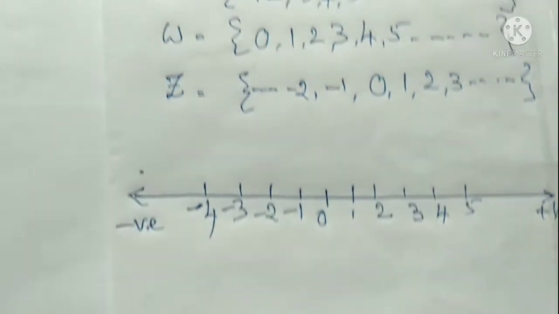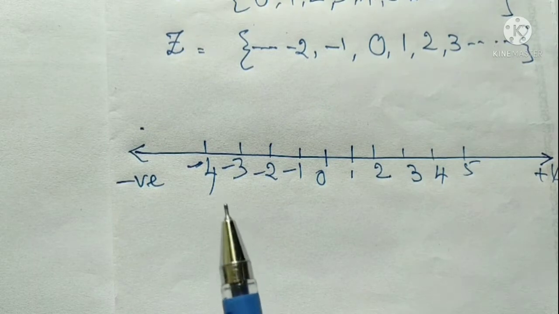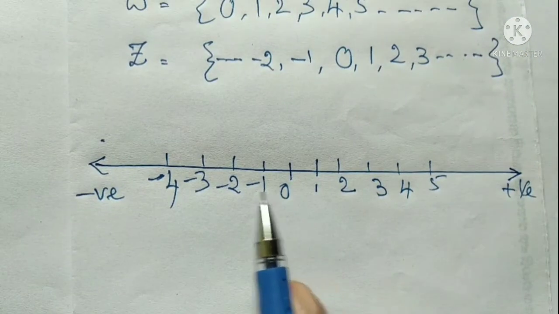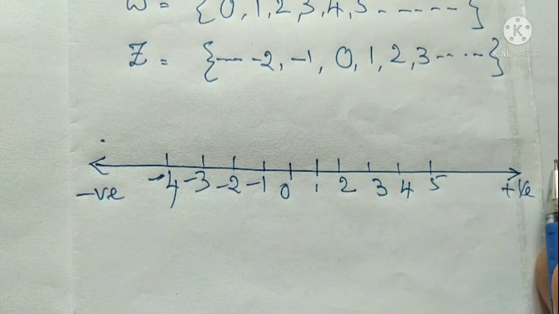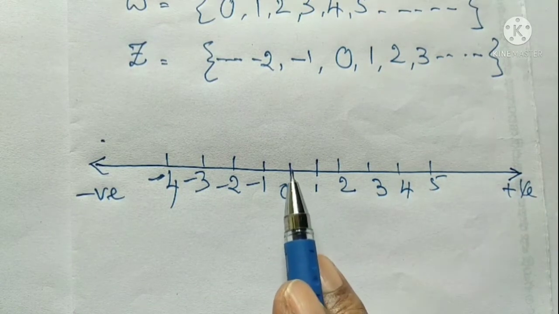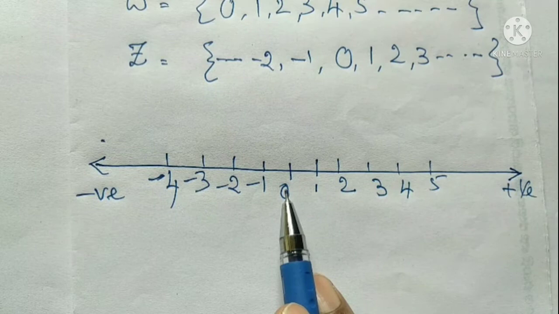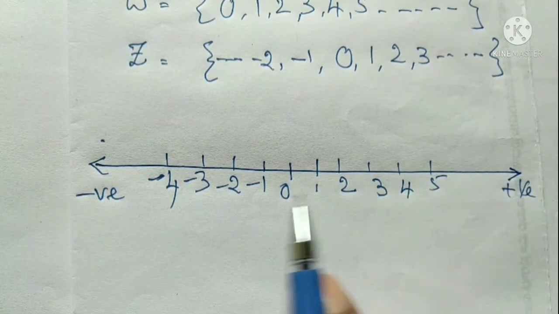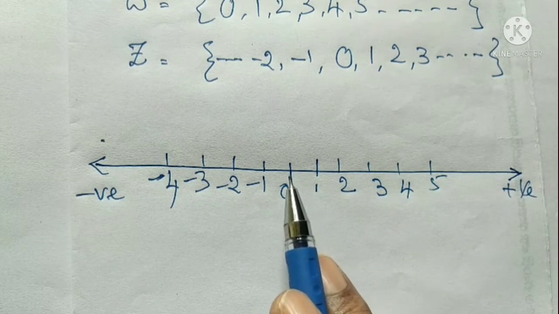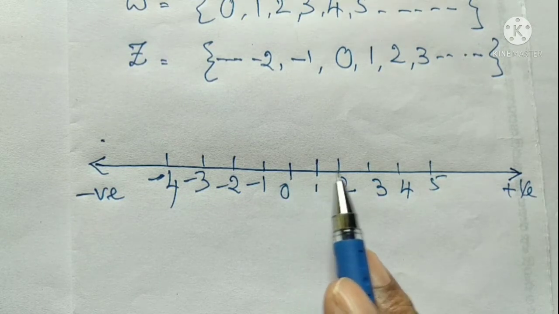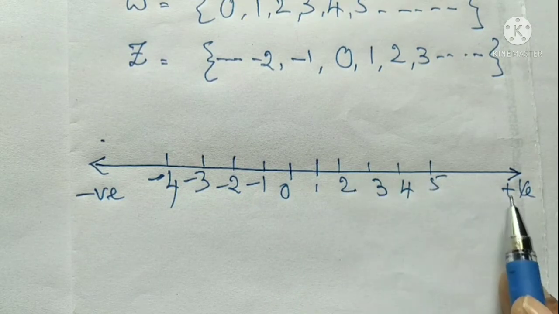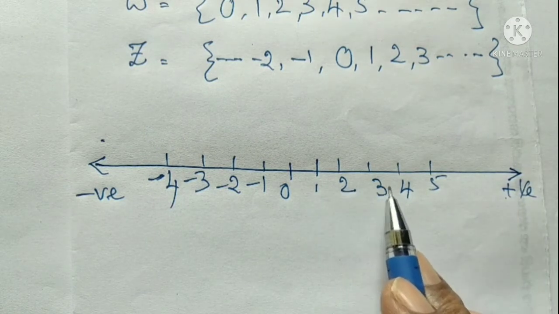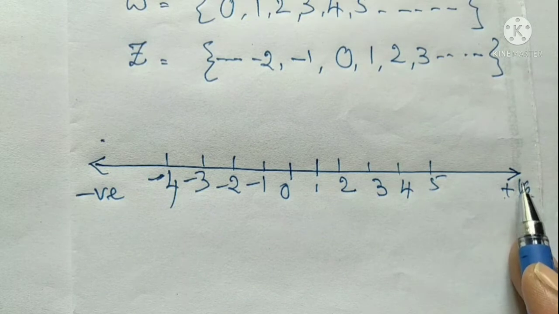If you represent these integers on a number line, this is called a number line, and 0 is here. On the right side of the 0 on the number line, we have positive numbers like 1, 2, 3, 4, 5 and so on.